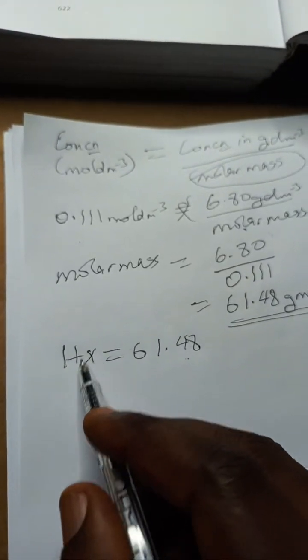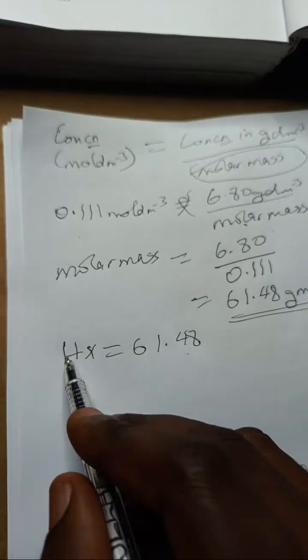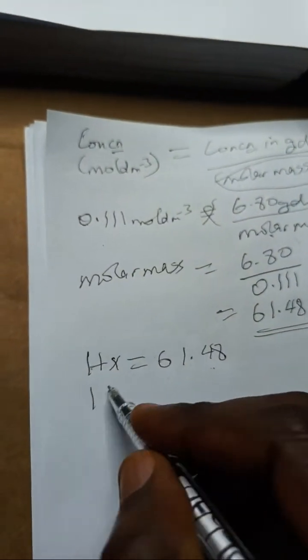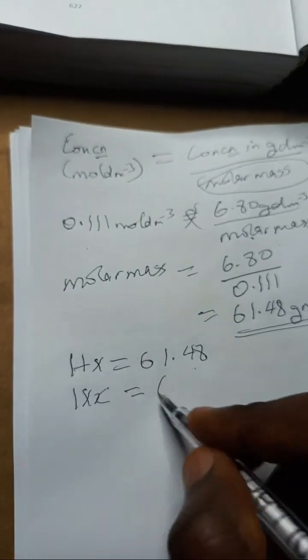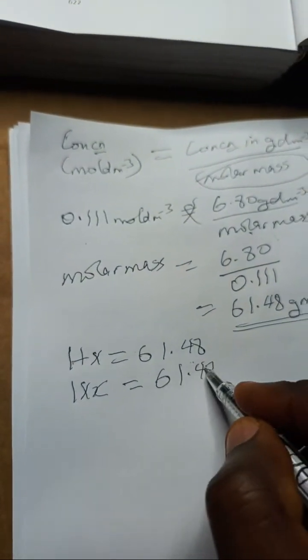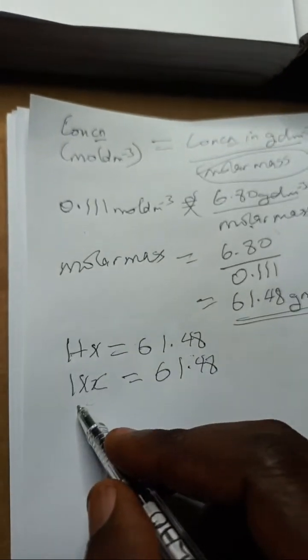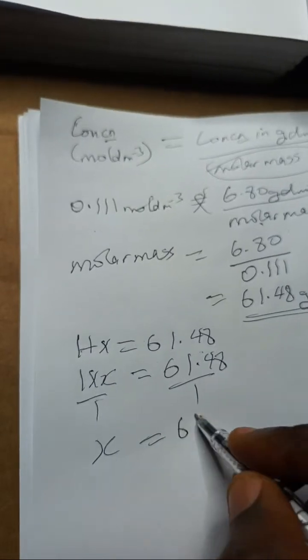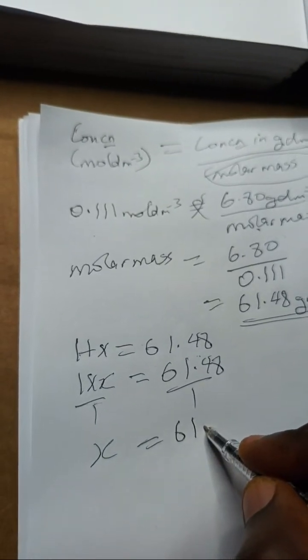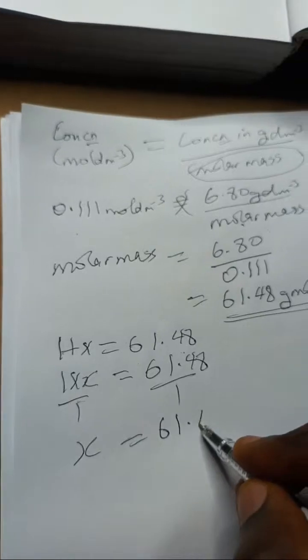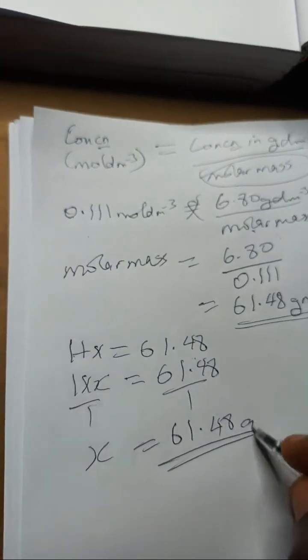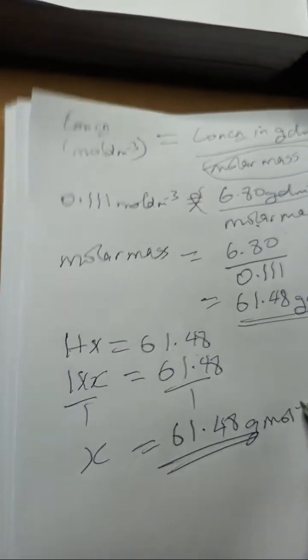They want us to get the atomic mass, and that will be the addition of the hydrogen mass and the X mass. Hydrogen is 1. So 1 plus X is equal to 61.48. So X, which is the relative atomic mass, will be 61.48. That will also be gram per mole. That's the answer for this.